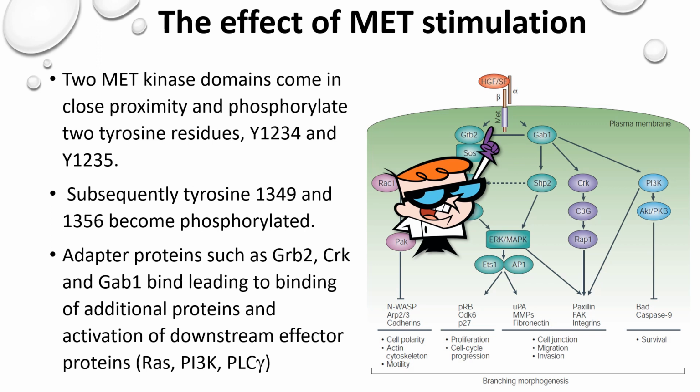So we get a whole cascade of phosphorylated proteins, and we have activation of multiple pathways that eventually lead to the up and down regulation of specific genes. When that happens, biological processes such as actin cytoskeleton modification start to occur, leading to a change in cell polarity and motility, but also proliferation of cells and cell cycle progression, as well as changes in the way the cells attach to each other, so changes in cell junctions, which leads to migration and invasion.